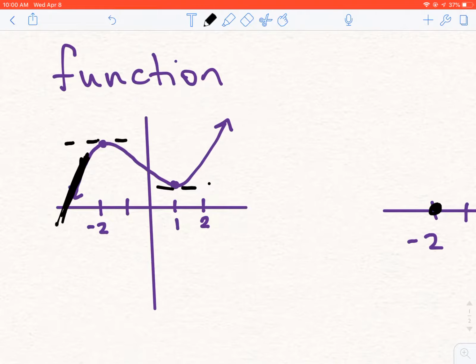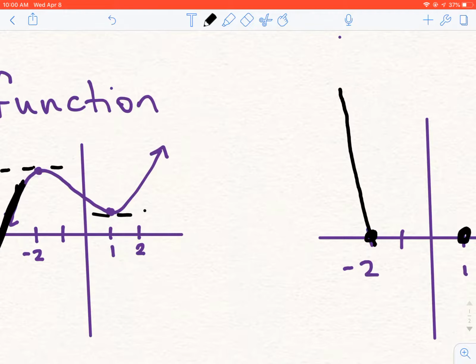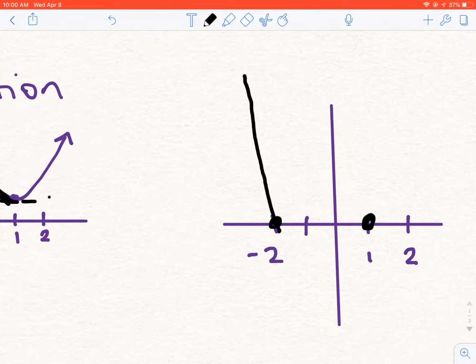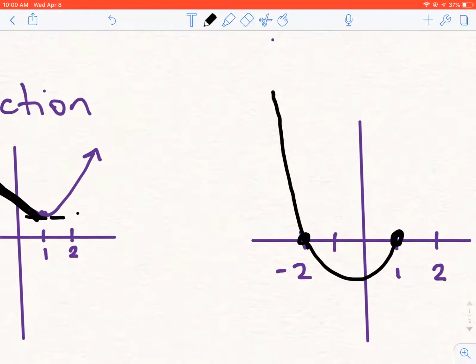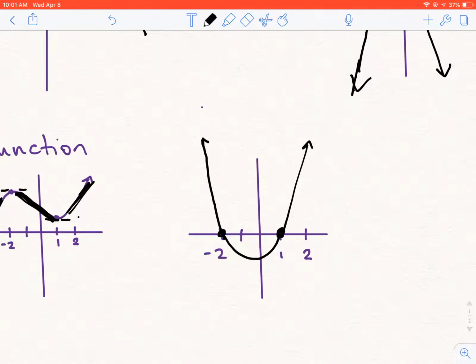This is a positive slope, and it's very positive, and then it's going to get to 0, so it's going to cross at 0. And now this is all negative over here. You can see me drawing that in. It's going to go negative, and then it's going to come back to the 1, and now this side over here is positive, so it's going to become positive over here. So again, my cubic becomes a quadratic.